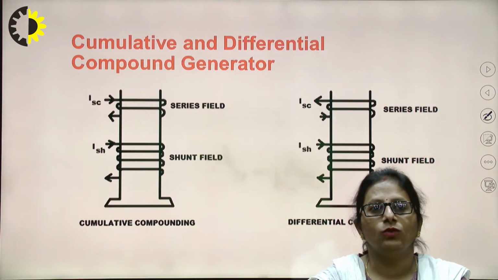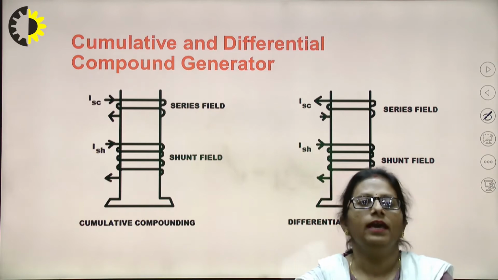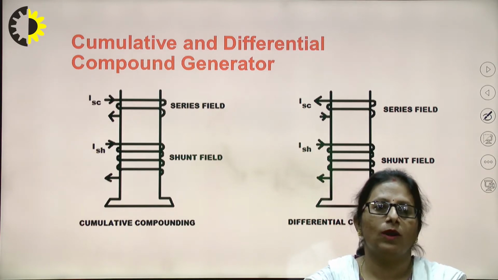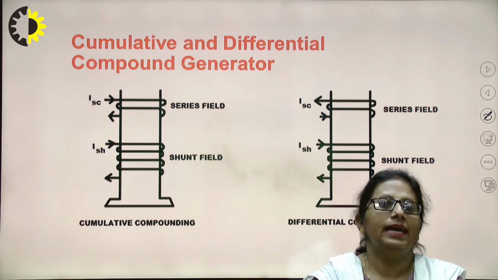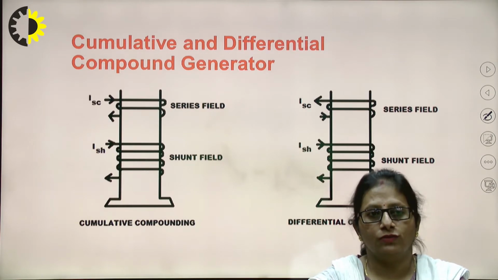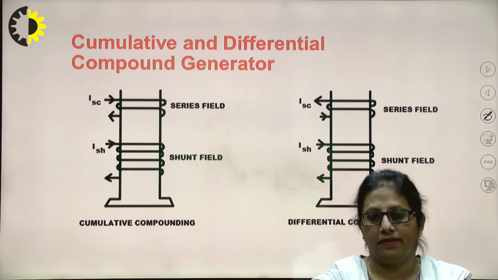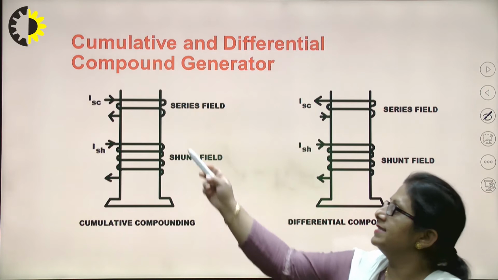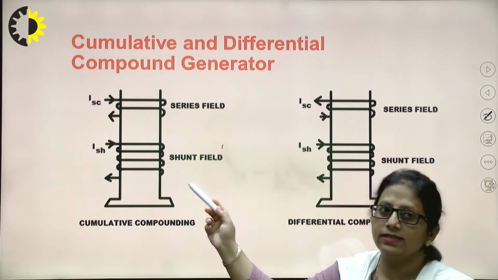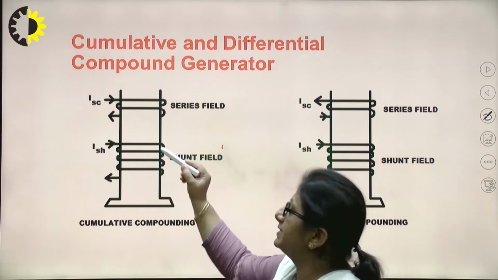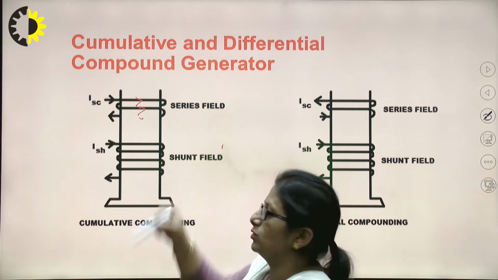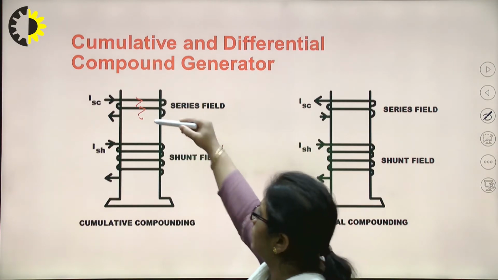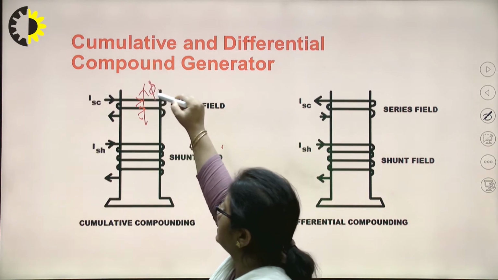Now coming to cumulative and differential compound generator. We have seen that a compound generator has a series field winding and a shunt field winding wound on the pole core. A cumulative compound generator, as seen in the very first diagram, has the series field winding and the shunt field winding connected in such a fashion that if the current flowing is in this direction, the flux produced according to the right hand thumb rule would be in the upward direction by the series field winding.